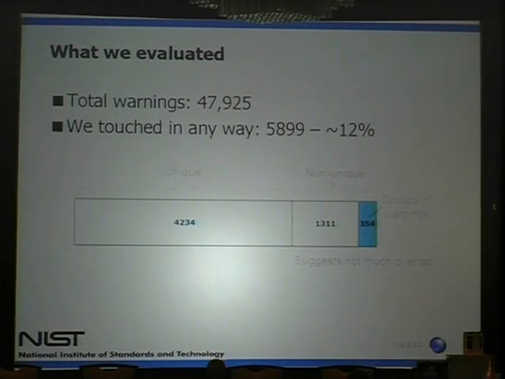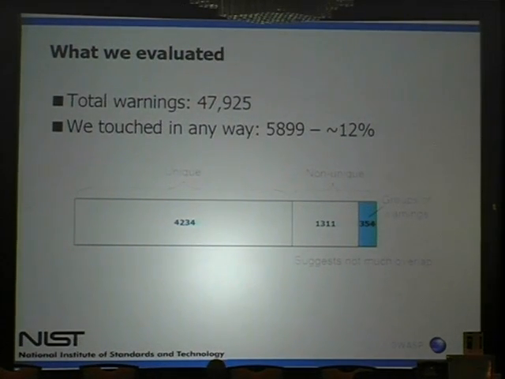So, with these caveats, let me go to what we evaluated. This is the total warnings, and we looked at a bit under 6,000 warnings. We tried to associate the warnings that refer to the same weakness. Those warnings for which there is no other warning referring to the same weakness, we call unique.